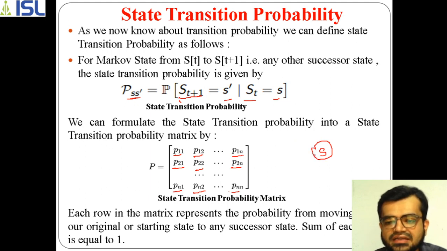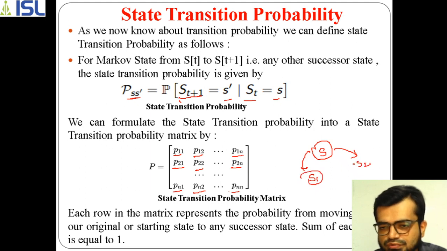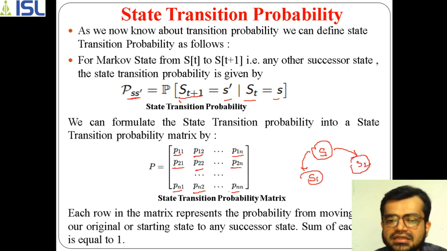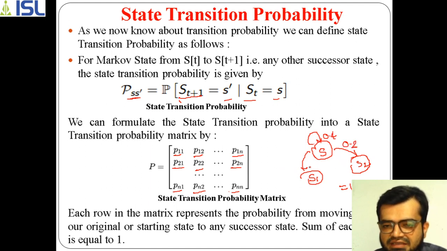So what I said is that if a state is there and it wants to go to some other states, say S1, S2, the overall probability of S moving towards itself or towards other states will give you the value 1. For example, if I take 0.4 for the self state, and 0.2 for another, then here it will be again 0.4 only.